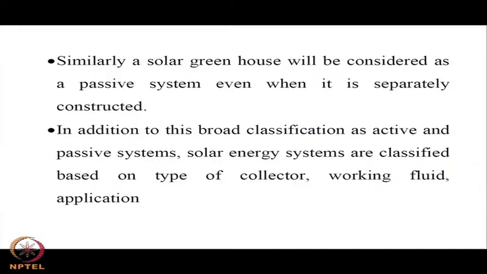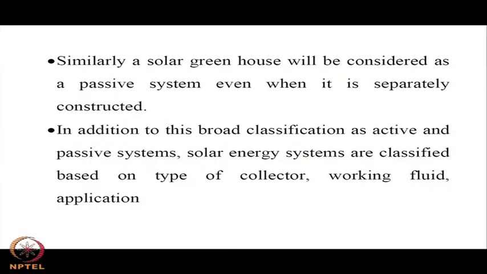So, which I have already written, that a solar greenhouse will be considered a passive system even when it is separately constructed. For example, in cold climates, to preserve the plants or to keep them alive, to make the seeds, solar greenhouses are constructed, and it is a very commercial proposition.